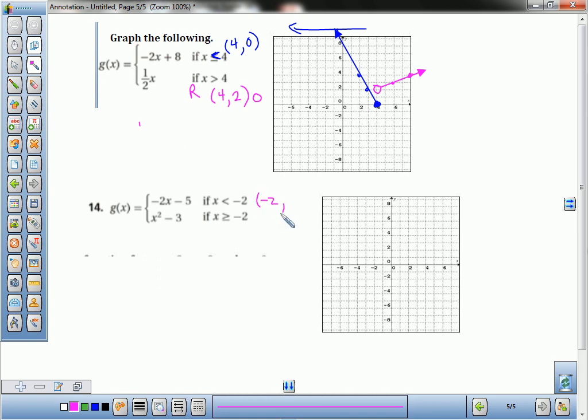Plug in -2, get out -1. Open or closed? Open. (-2, -1), open. It is what kind of function? A line. And the slope is -2, so we go up 2 and left 1, up 2 and left 1, up 2 and left 1, because we cannot go right. And then we sketch in our ray.